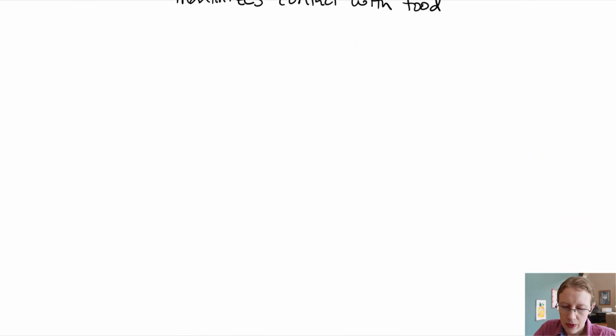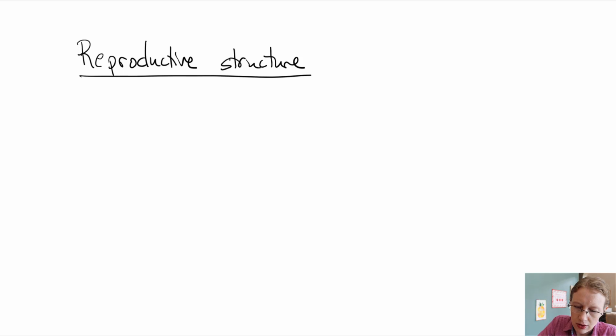Above ground, oftentimes, is where a fungus has its reproductive structure. This part is often above ground and therefore visible.